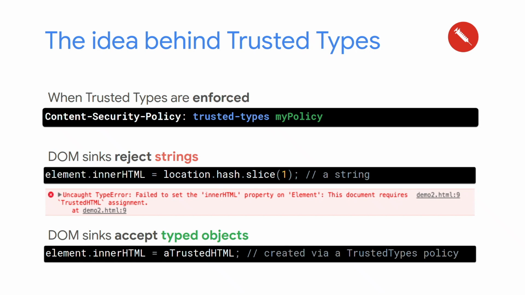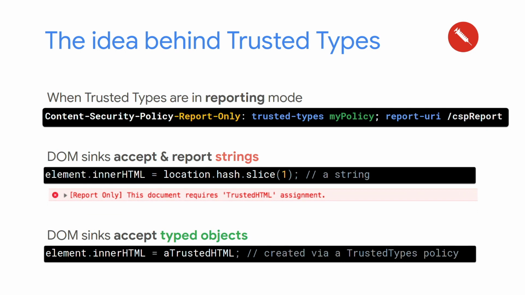And then when you do this, the browser, when it sees a string assignment to a dangerous JavaScript method, it will just reject it. It will throw an exception and it will just not go through. So if an attacker controls the string, that will just stop working. But if you assign a trusted object to that API, that will be allowed.